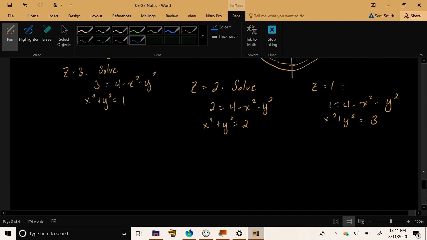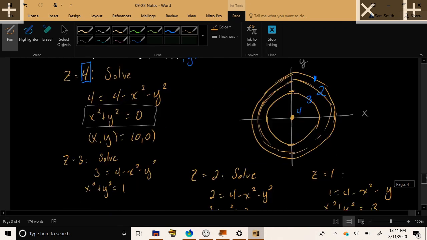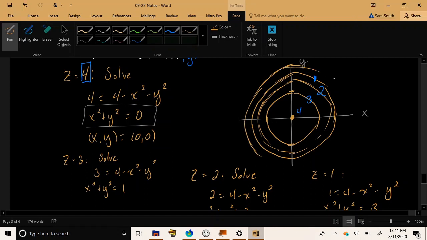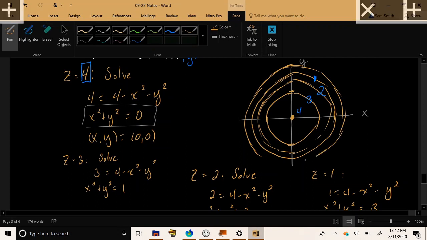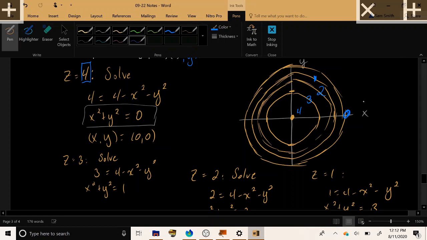And finally, let's go ahead and do the level z equals 0. 0 equals 4 minus x squared minus y squared is a circle of radius 2. So finally, to finish the contour map, decorated with the level curves corresponding to the given z values, we have these 1, 2, 3, 4 level curves here, each drawn in the xy plane on the same axes, marked with their elevation.